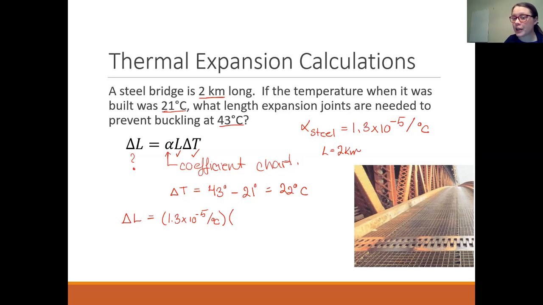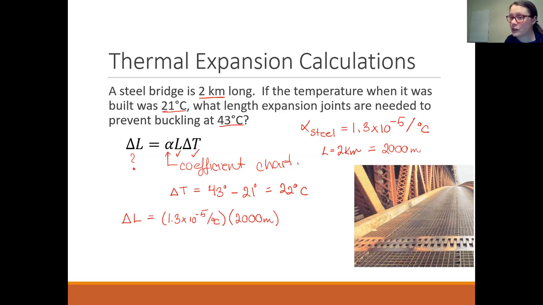So before we even do our calculation, let's switch kilometers into meters. We have 2,000 meters. That just means when we get our change in length, it's going to be in meters, which is a more appropriate quantity for determining the expansion joint. We can use whatever unit for length we want.